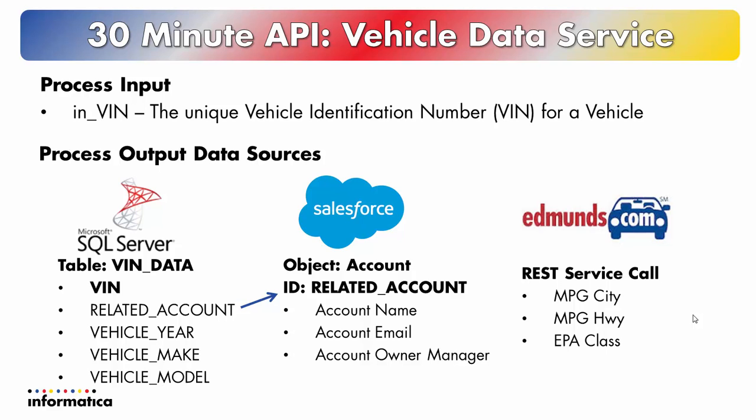We're going to use that related account information from the SQL Server to query into Salesforce and bring back some information from Salesforce, including the account name and account email, and we're going to reach into related records and go from the account to the owner to the owner's manager and return that information. And then finally, we're going to combine it with some third-party information that we're going to get from Edmunds.com, who provides a REST-based web service that we're going to call as our process progresses, and we're going to return all this data back in one go.